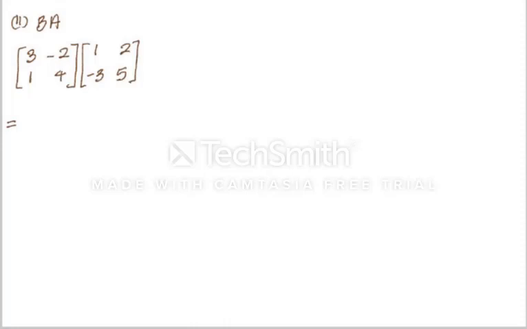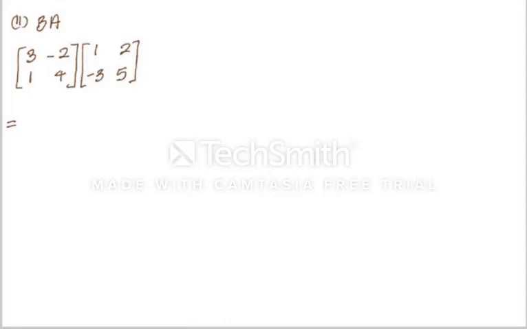We're back at it again. We're going to multiply two matrices. We multiply the rows of the first matrix by the columns of the second matrix. How do we multiply a row by a column?